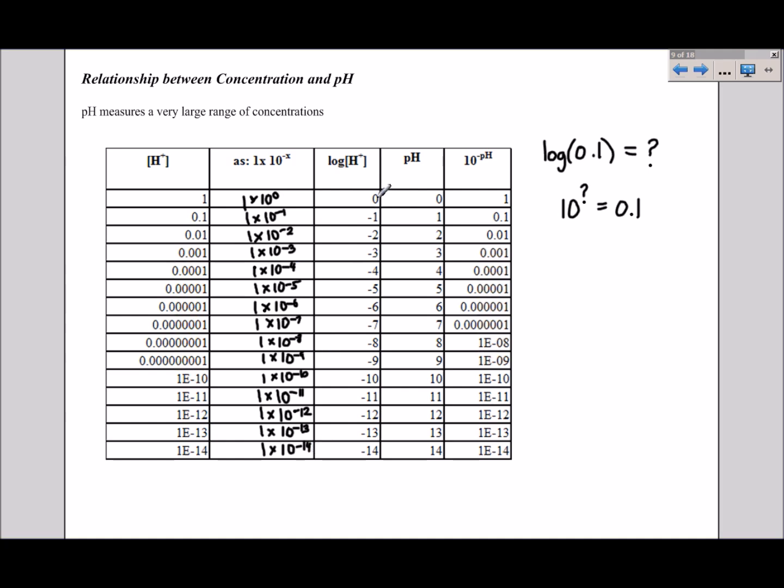You might see here a very interesting list of numbers. They're all whole numbers, and they go from 0 to negative 14, which might look like a familiar range because, besides the negatives, this is close to what the pH scale gives us.